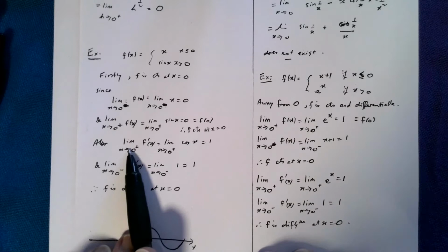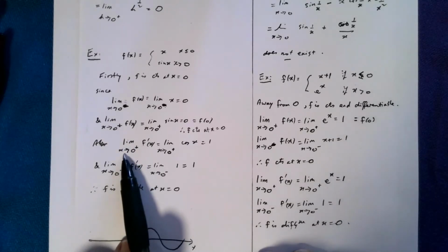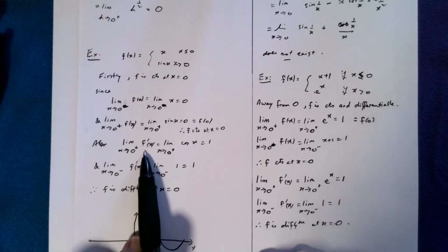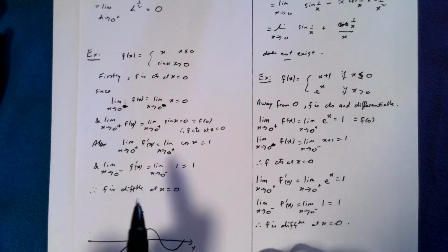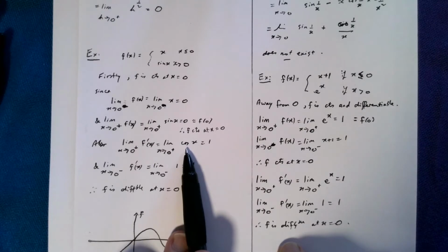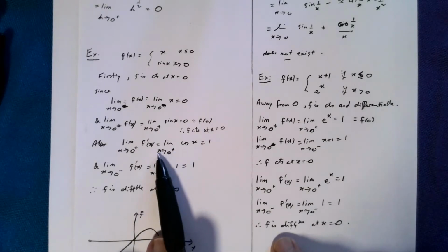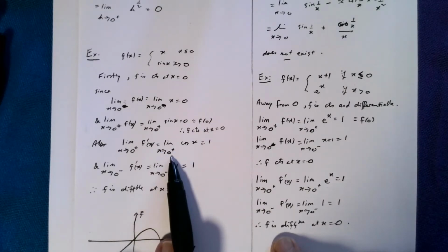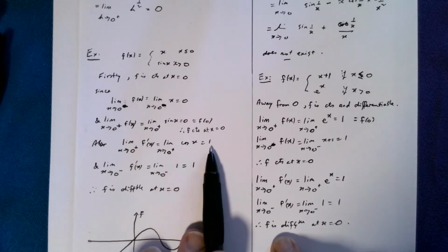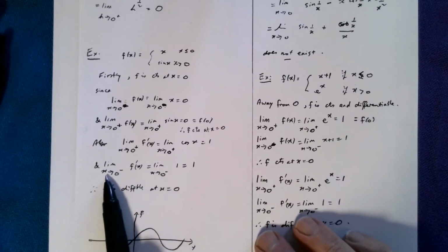So if I look at the limit firstly, just to do it in the opposite order, as x goes to 0 from above, f dashed of x. If we're looking at the function from the other side, then we're looking at sine x, and I differentiate sine x, it becomes cos x. Now I take the limit as x goes to 0 from above of cos x, and of course cos of 0 is 1, so this is going towards 1. And then I look at the derivative from the other side.